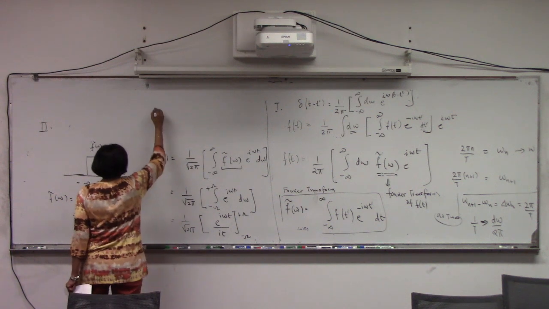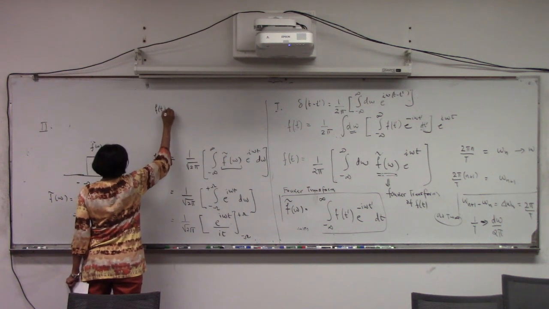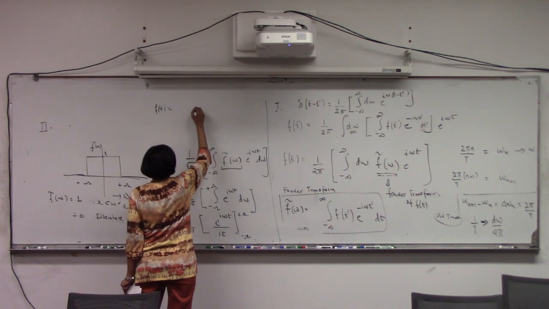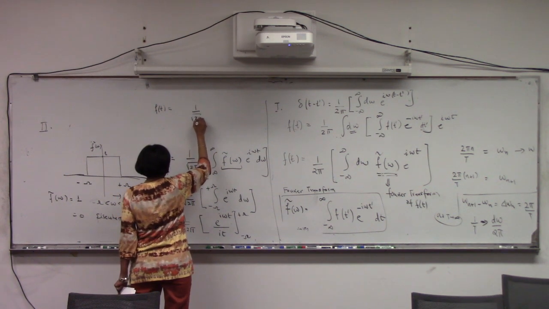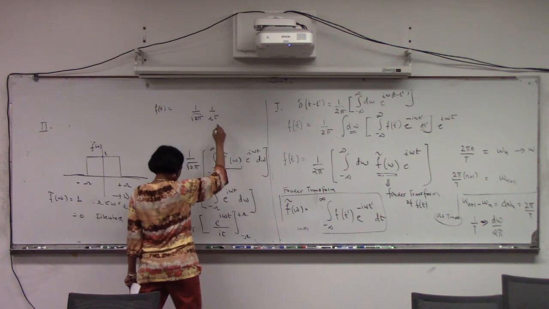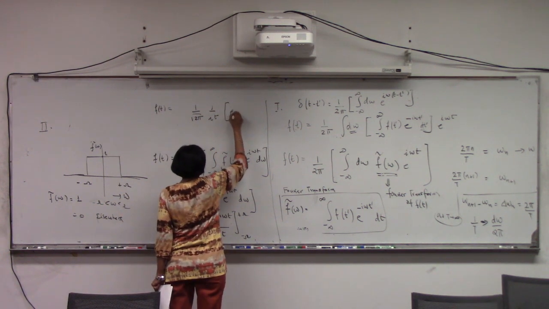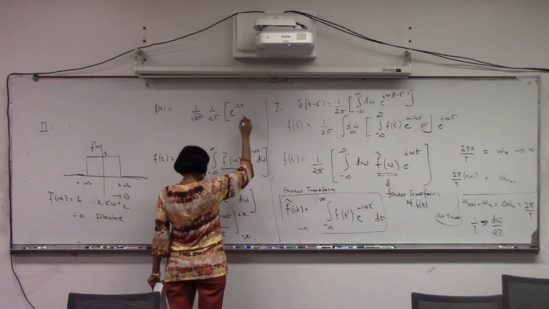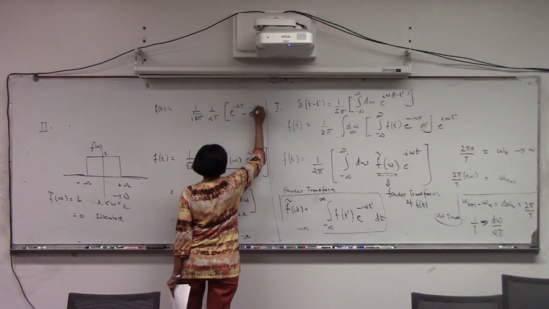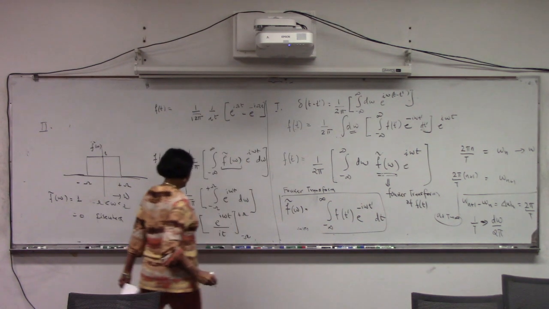Or f of t looks like 1 over square root of 2 pi, 1 over i t, exponential of i omega t minus exponential of minus i omega t. Alright?